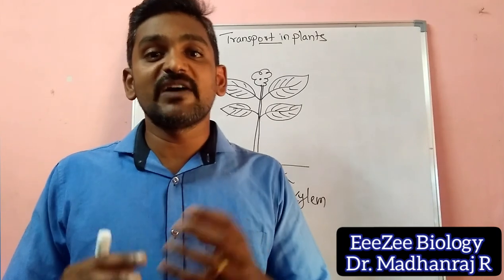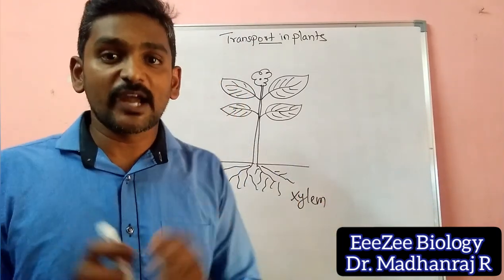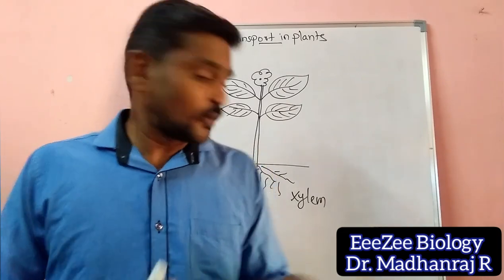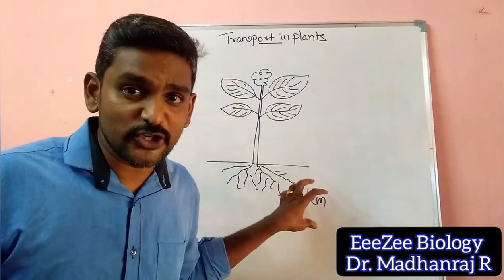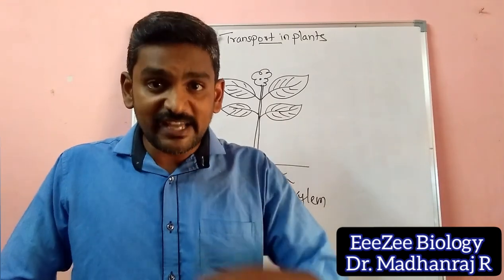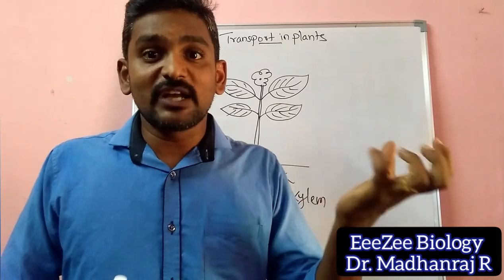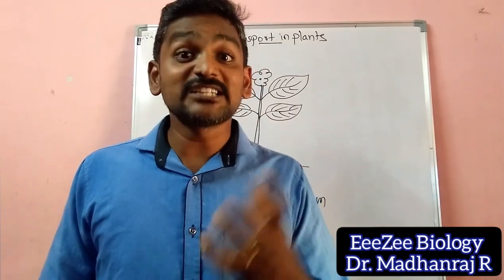Only in well developed plants can you find vascular tissues. So xylem helps in the transportation of minerals as well as water taken up from the soil, through the help of root pressure as well as the process called transpiration.